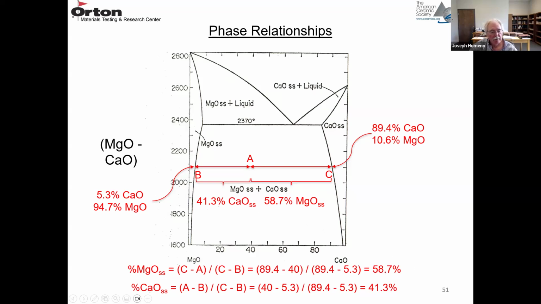And then the other one, percent CaO, is AB over CB. So AB over CB is 40 minus 5.3 divided by 89 minus 5.3. And that's about 41%. So right here at this temperature, 2100 degrees C, you have about 41% CaO with a little bit of MgO dissolved in it, and you have about 59% MgO with a little lime dissolved in it.